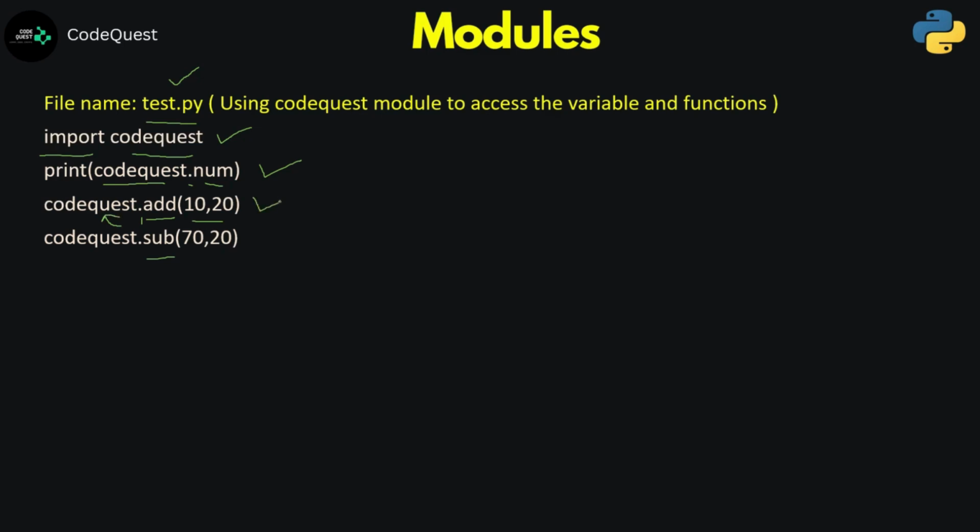This line invokes the add function by passing two parameters, 10 and 20. Similarly, this line invokes the sub function by passing two parameters. As a result, the value of num is printed, which is 101. The add function printed the sum, 10 plus 20, that is 30. And the sub function executed its code, printing the difference, 70 minus 20, that is 50.